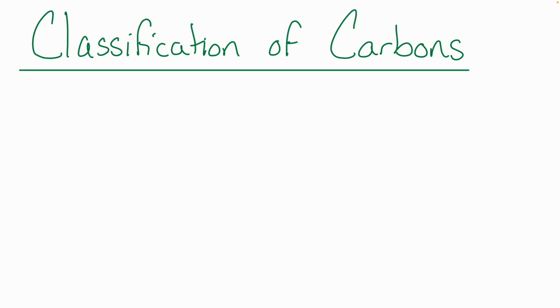What I mean by classification is the number of carbon neighbors. All right, so I'm going to do an example structure here.